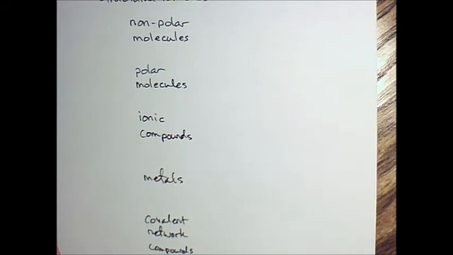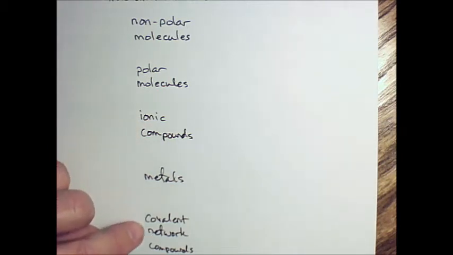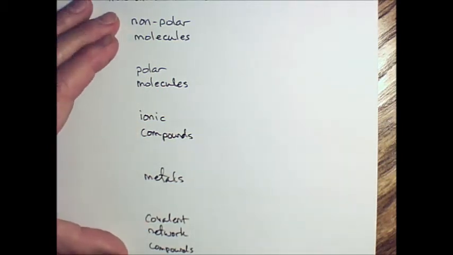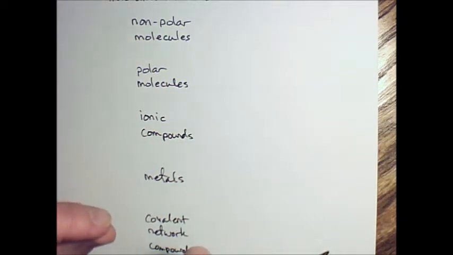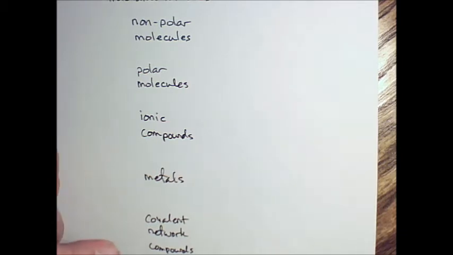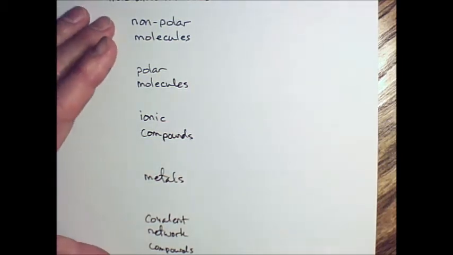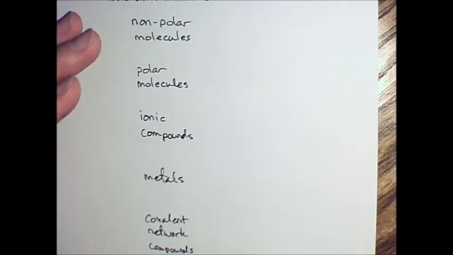In general, I've ranked these classifications of materials by their structural particles. It's like a brick that's used to build a house. The brick is the structural particle, the house is the structure itself. But I've ranked these according to how they fit together by melting and boiling point.